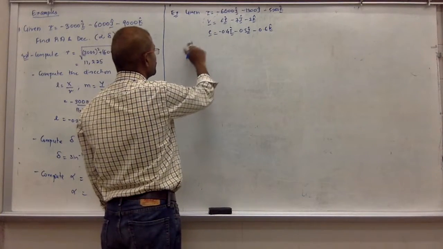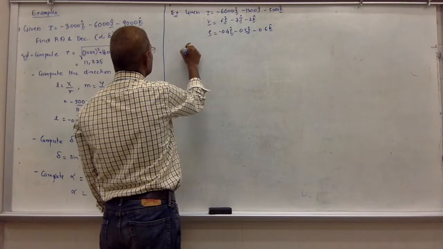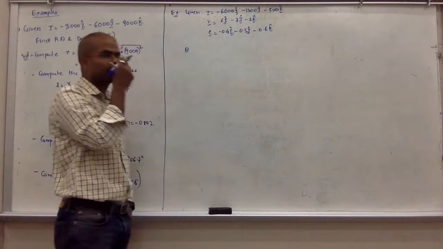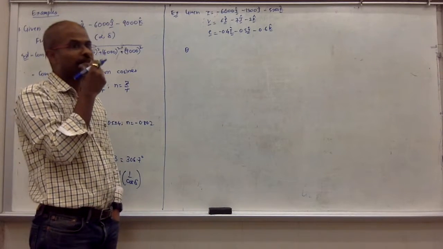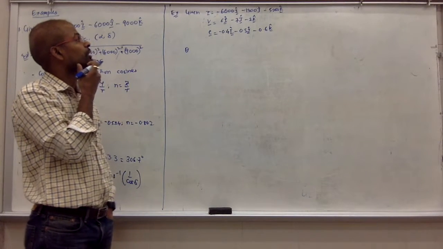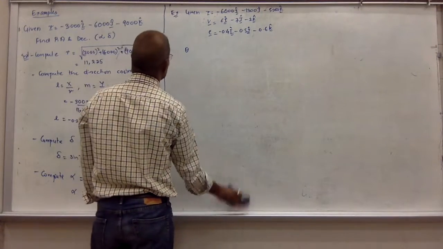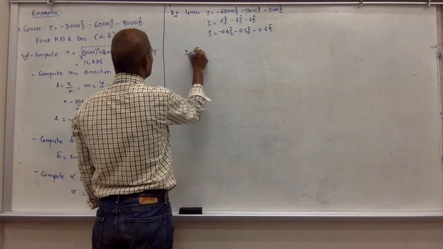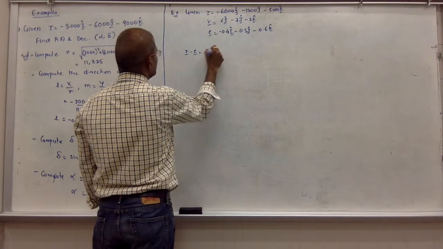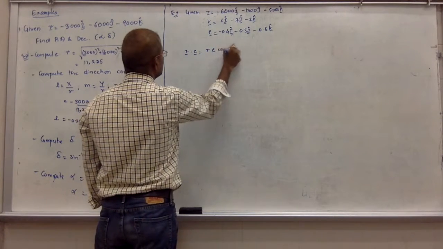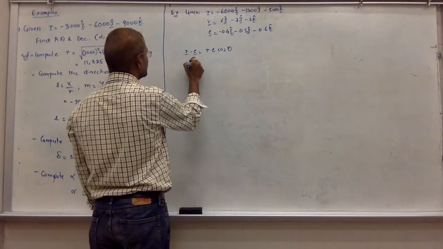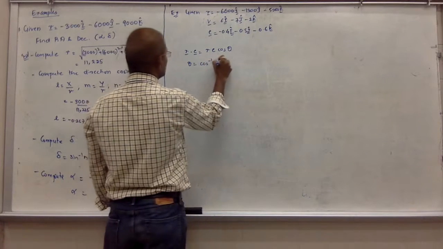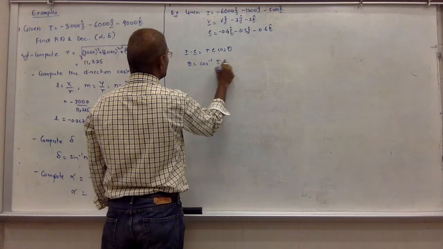Theta is always the angle between r and e. R dot e is r e cosine theta. So here theta is simply cosine inverse r dot e divided by r.